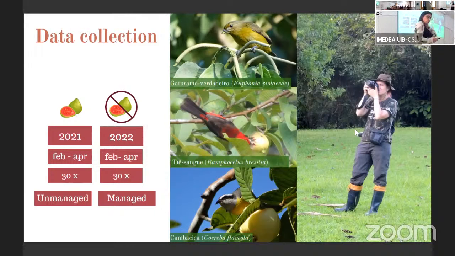So we have 2 communities, one before the control of guavas, the unmanaged community, and one after, the managed community. And here you can see me observing, and this is the name of the birds. These 2 birds are eating guava, and this one is eating another, this Piper aduncum.